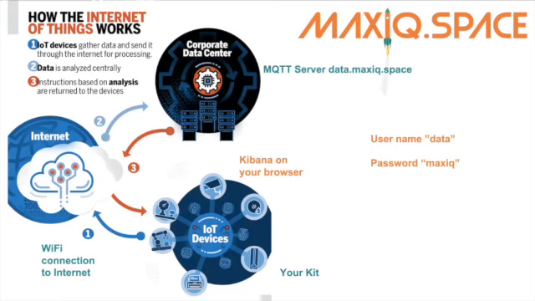Okay, so the biggest, in fact the only challenge with any of this, is step number one, this Wi-Fi connection to internet, okay? The code that's on your kit definitely works, okay?